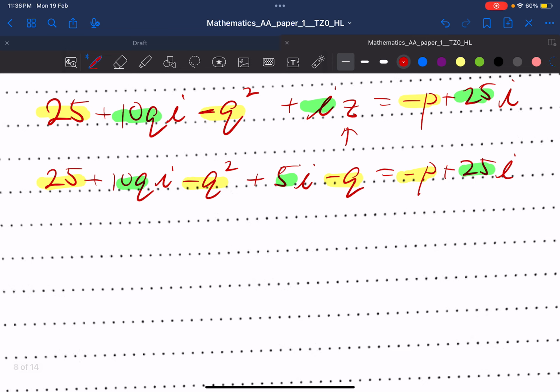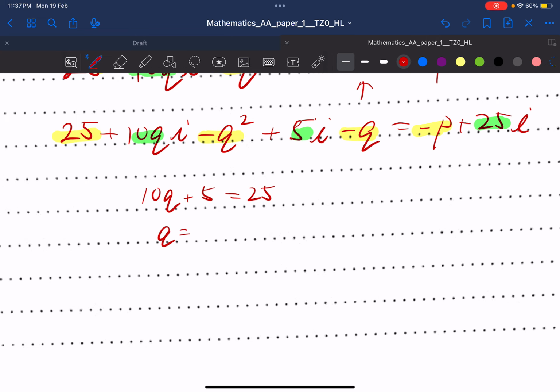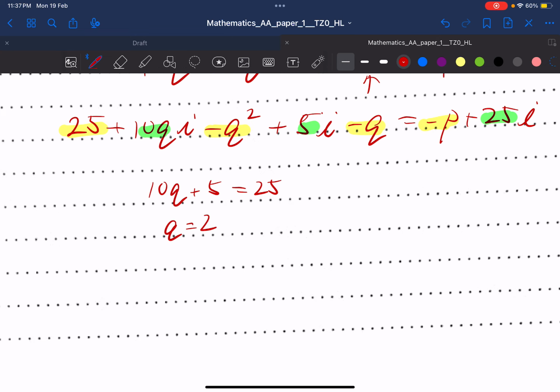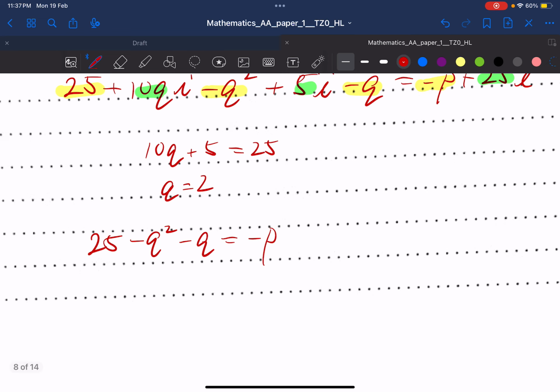It's just q, 5, and 25. So we got this. Okay, so I think q would simply be 2, right? And then we compare the real part. So 25 minus q squared minus q equals minus p. So 25 minus 4 minus 2 will be minus p.